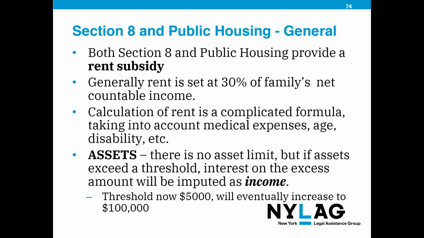So there's no asset limit for Section 8, but Section 8 will impute interest on assets over a threshold of $5,000 as income. And if interest is income and rent is based on income, that means assets that are over 5,000 could raise your rent because of that imputed income.